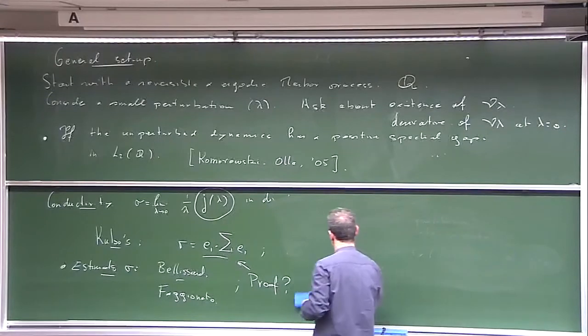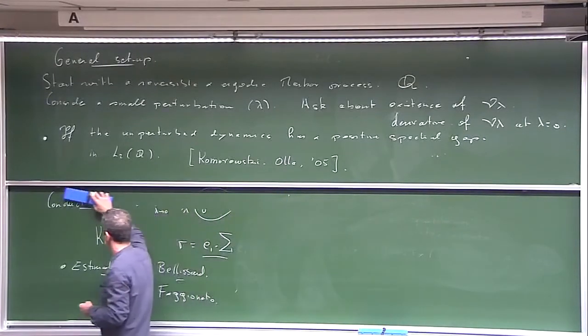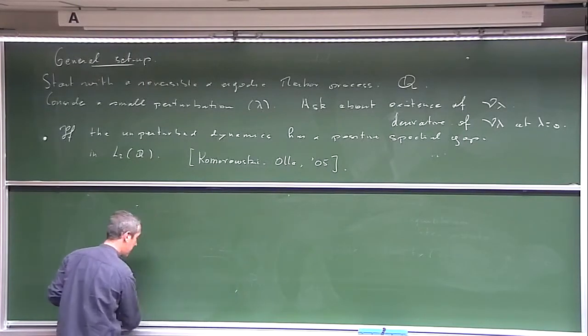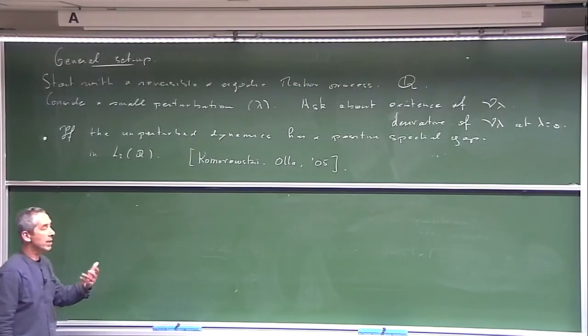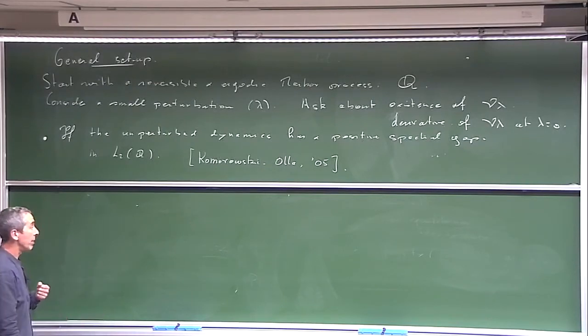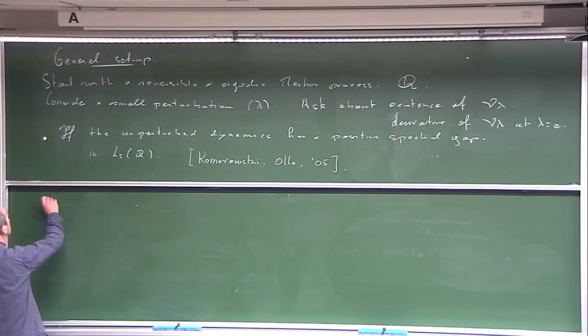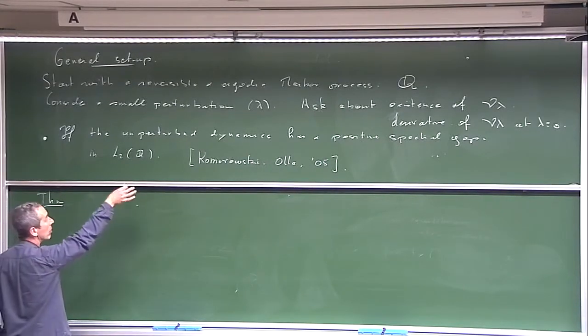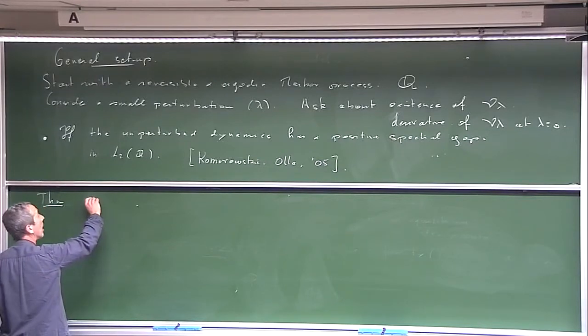So what Komorowski and Olla proved is that there is a steady state, and the reason why there is a steady state is because there is an invariant measure with a density with respect to Q. So, theorem due to Komorowski and Olla: under assumptions which I'm not really writing down about the perturbation, the perturbed dynamics, so with the lambda, has a steady state.